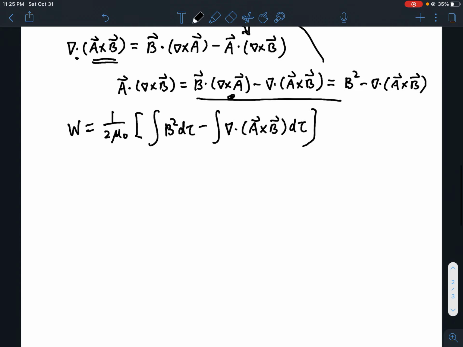Now we have two terms. Let us write down the first term, just B squared d tau.